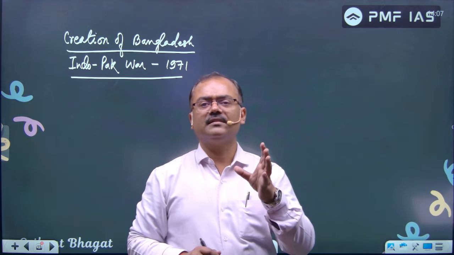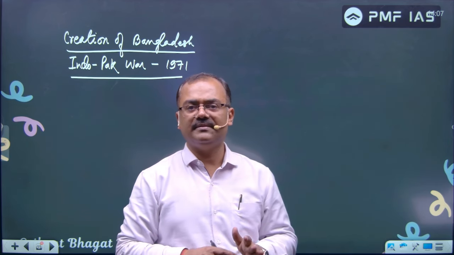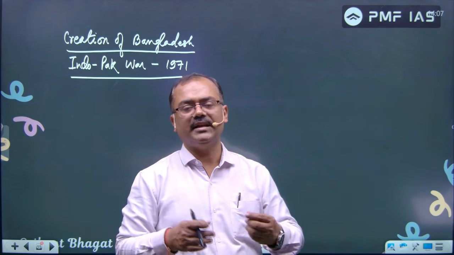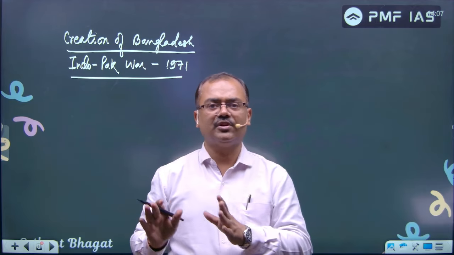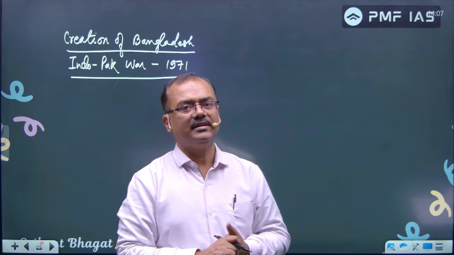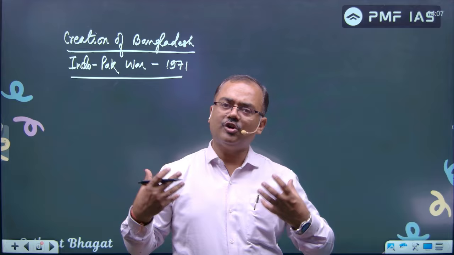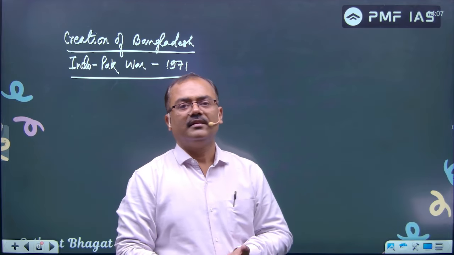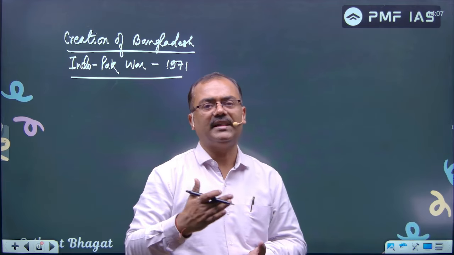Within 10 days, the Indian army crushed the Pakistani design, and Pakistan came to terms. They surrendered unconditionally. 90,000 soldiers of the Pakistan army were captured. India had occupied lots of territory from this war. This led to the culmination towards the creation of Bangladesh as a country.